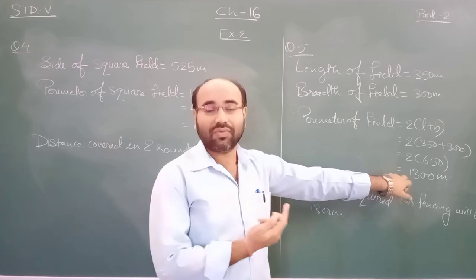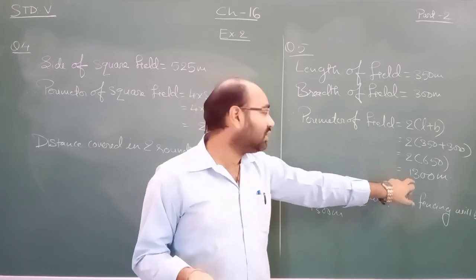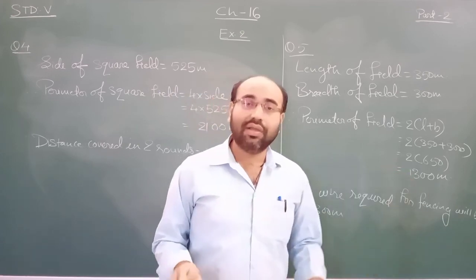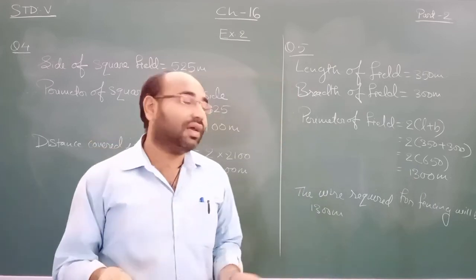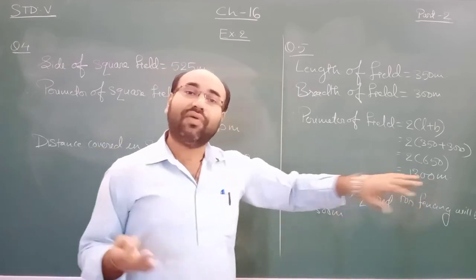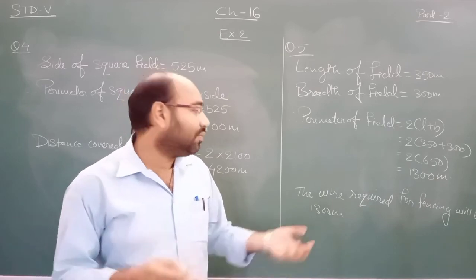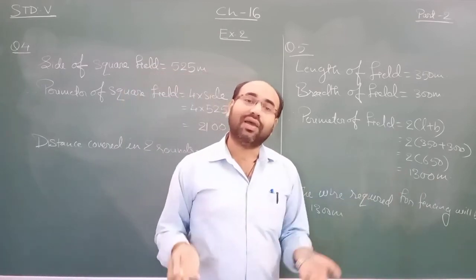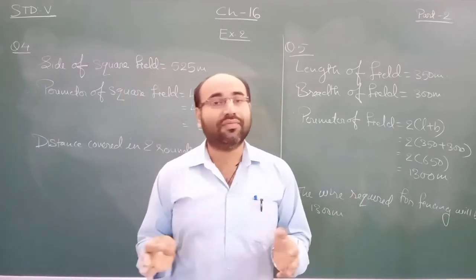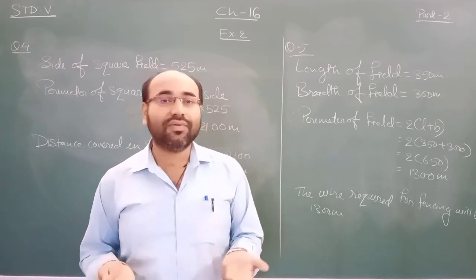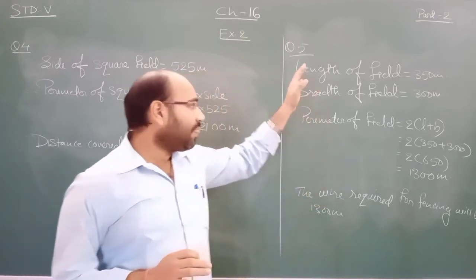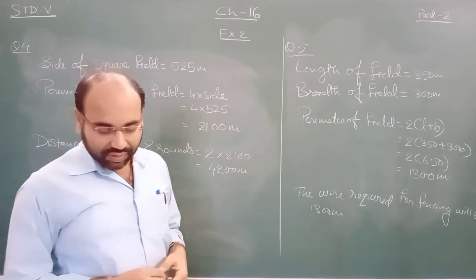This will be just for one round. अगर दो राउंड का पूछा है तो this will be multiplied by 2. अगर 3 rounds of wire पूछा है तो multiplied by 3. If 5 rounds of wire पूछा है तो perimeter निकालकर into 5, that will be the total wire needed for that many rounds of wire. So I hope there is no difficulty in this.